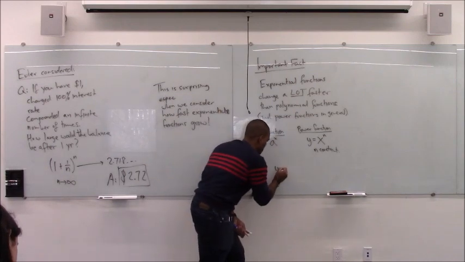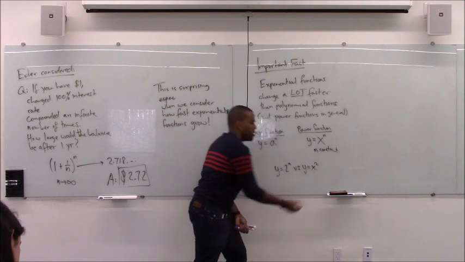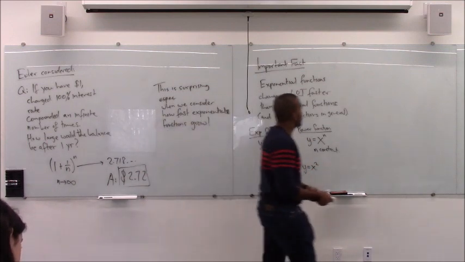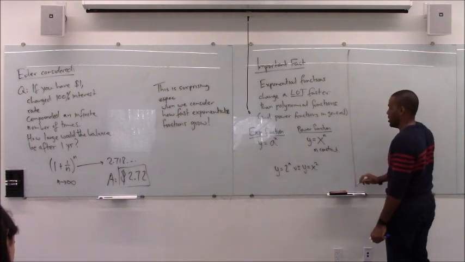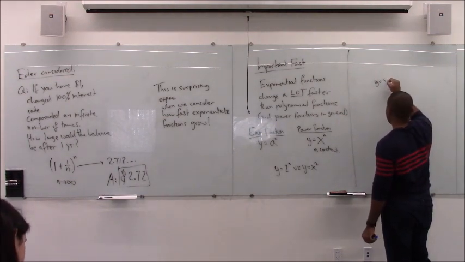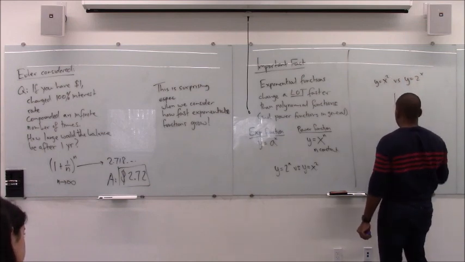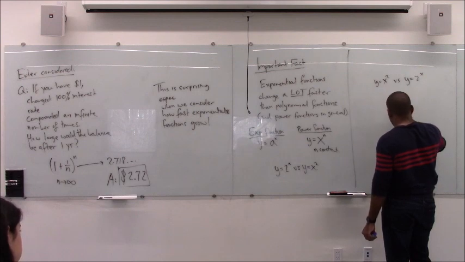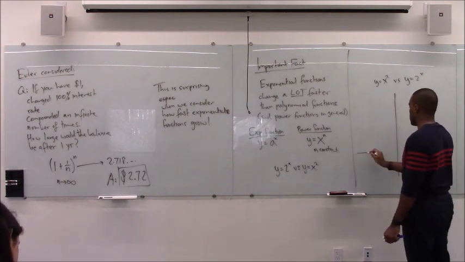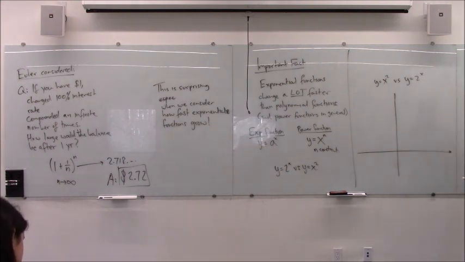Like if you look at y equals 2 to the x versus y equals x squared, are those things really any different? Well, yeah, in terms of the shape they're different. If you look at y equals, say, x squared versus y equals 2 to the x, and you can compare these two.